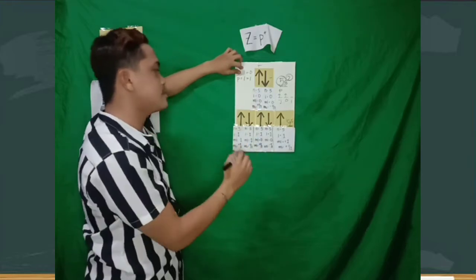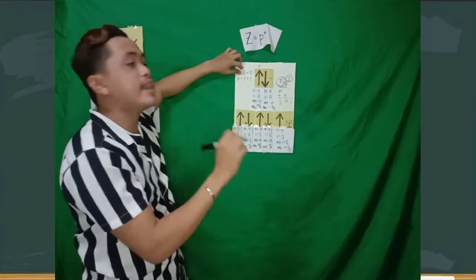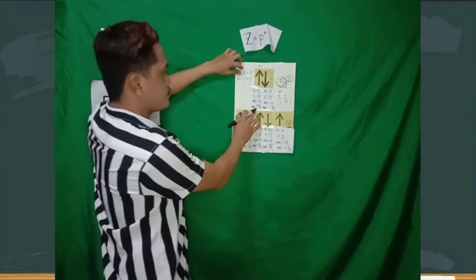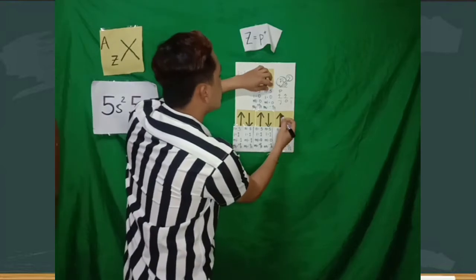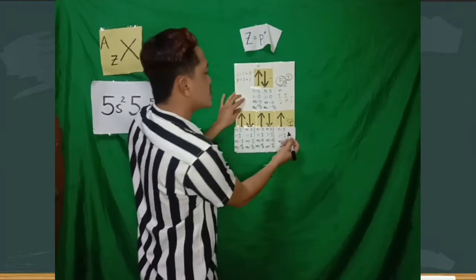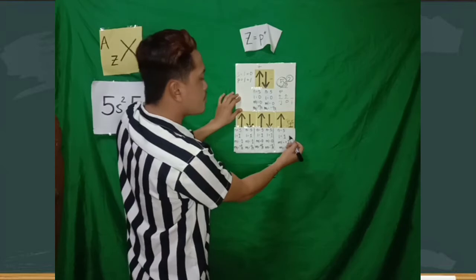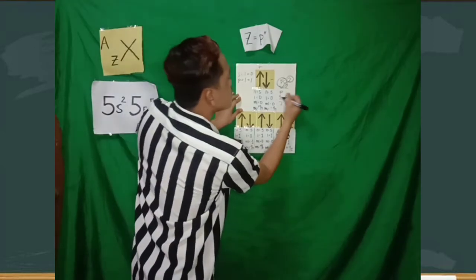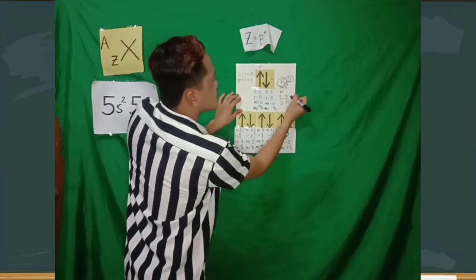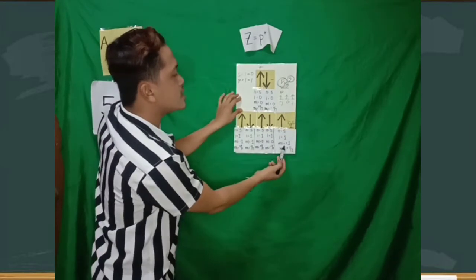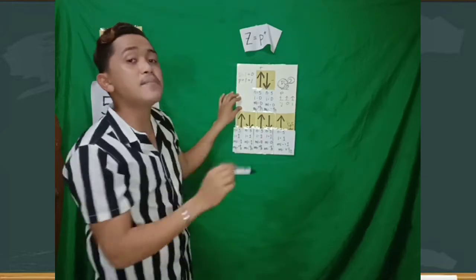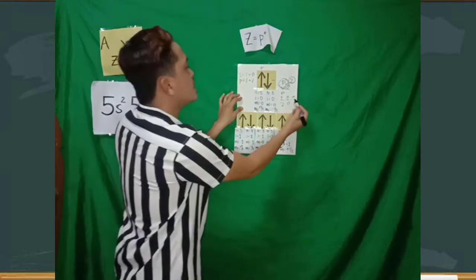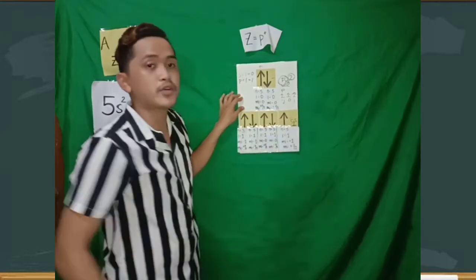Yung ms niya is positive 1/2, kasi nga upward pa rin. Next, sa third naman, n is equal to 5, l equal to 1, ml is equal to positive 1. So 1, 2, 3, so ml is positive 1. So ms is equal to positive 1/2, dahil nga upward yung arrow niya.